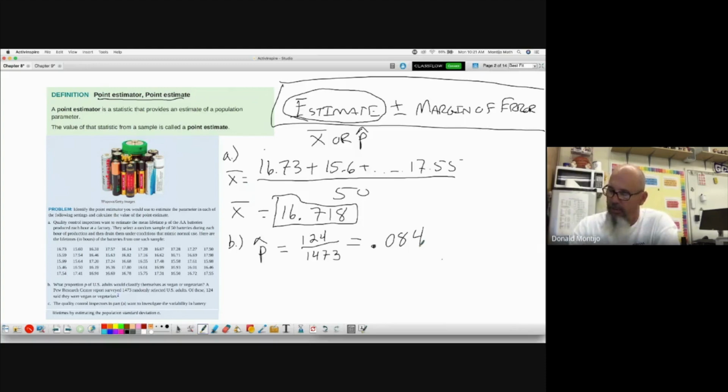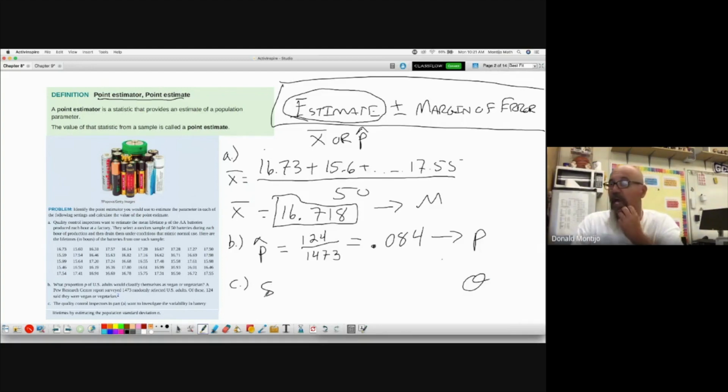And finally, part C says, the quality control inspectors in part A, so again referring to the battery problem, estimate the population standard deviation sigma. So remember, x bar estimates mu. P hat estimates p. They want an estimator of sigma. What was it that estimates sigma? That's s.